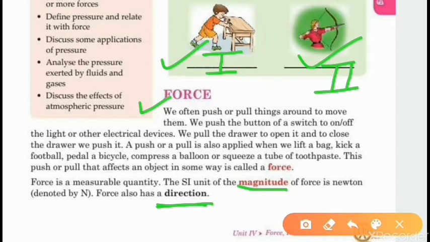Magnitude is nothing but the value. Suppose the force applied is 5 Newton. In which direction? In north direction or in south direction. So 5 is your magnitude, and south or north, east or west, or any other direction is the direction along with the force.